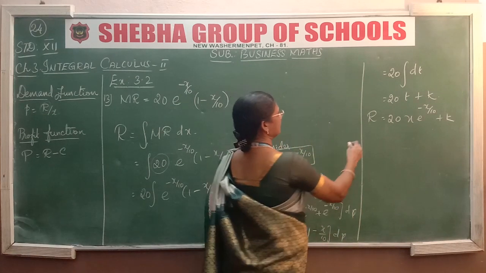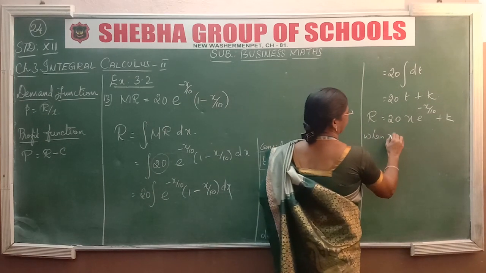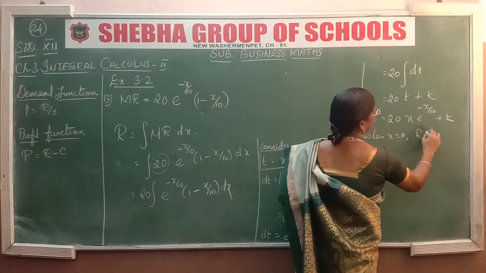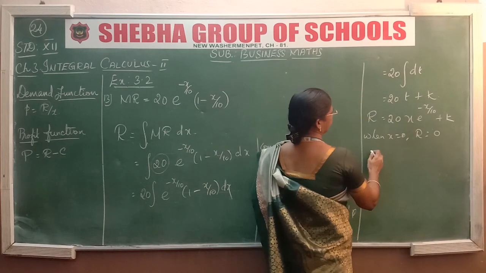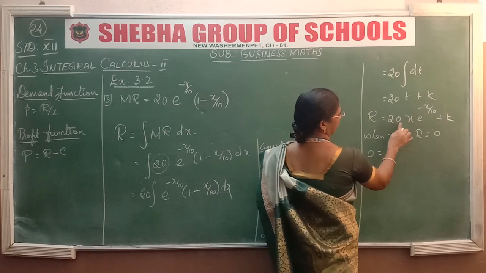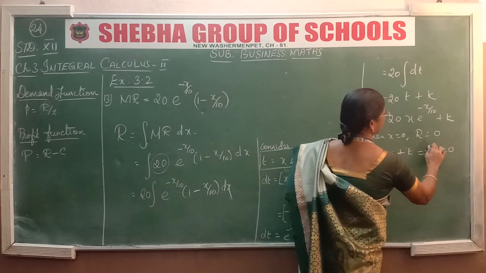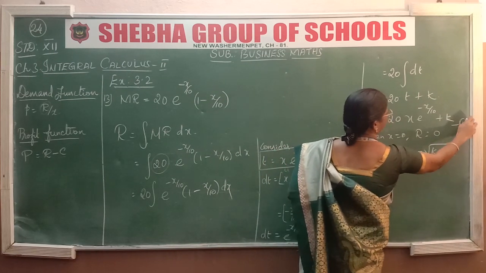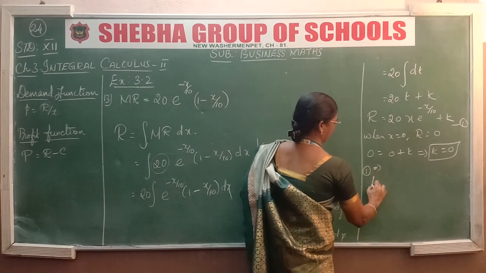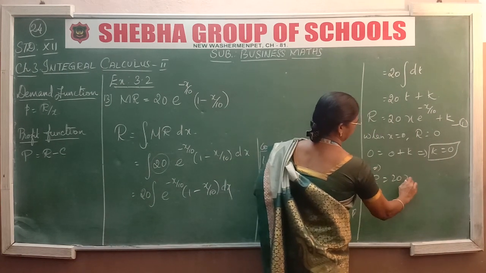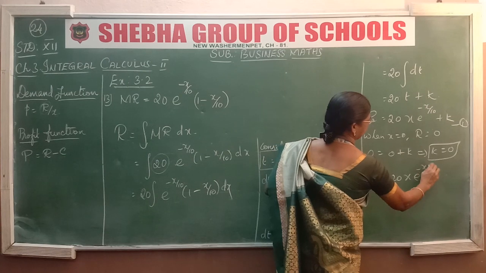We know that when x equal to 0, our R is 0. Substituting here we get 0 equal to 20 into 0 plus k, which implies our k value is 0. Substituting the k value in the first equation, we get R equal to 20 x e power minus x by 10.